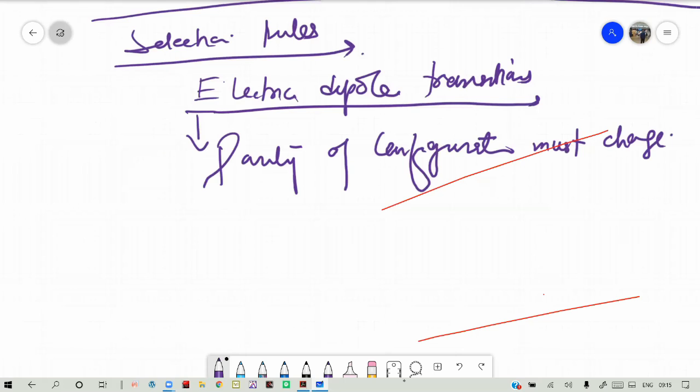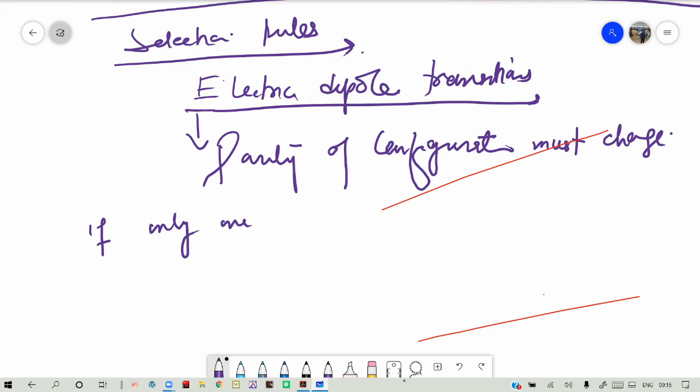That means if only one electron makes a transition, that means jumps in the transition. This is the usual case.